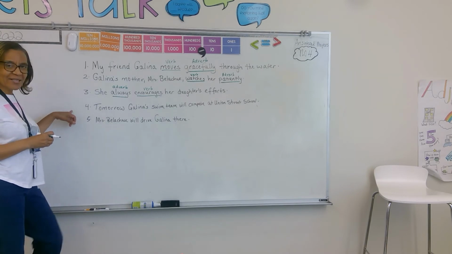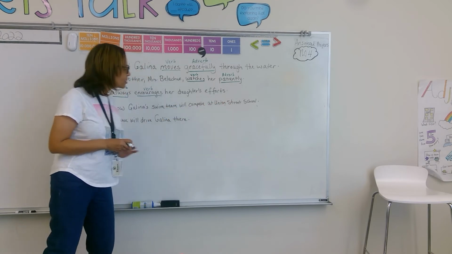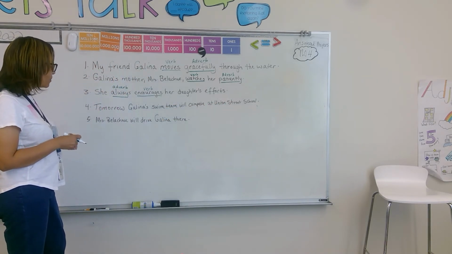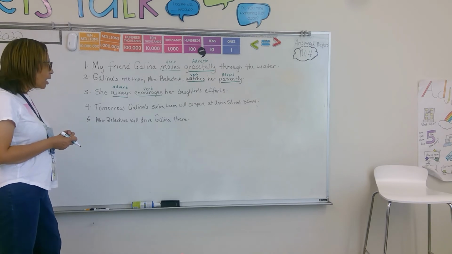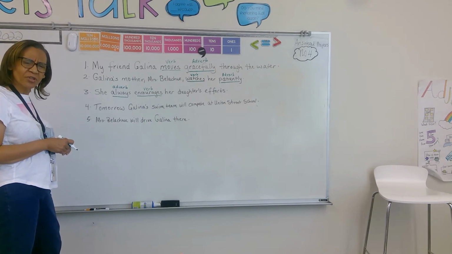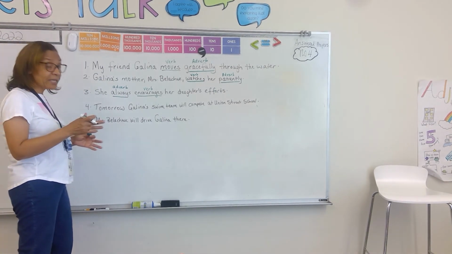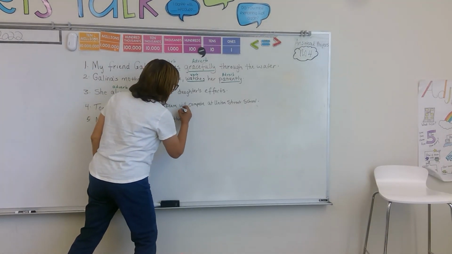Let's look at sentence number 4. Tomorrow, Galina's swim team will compete at Union Street School. What's the verb in the sentence? Compete, but it's future tense, so will compete is the verb.